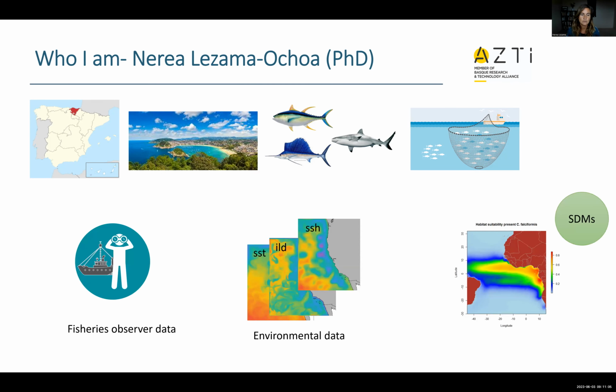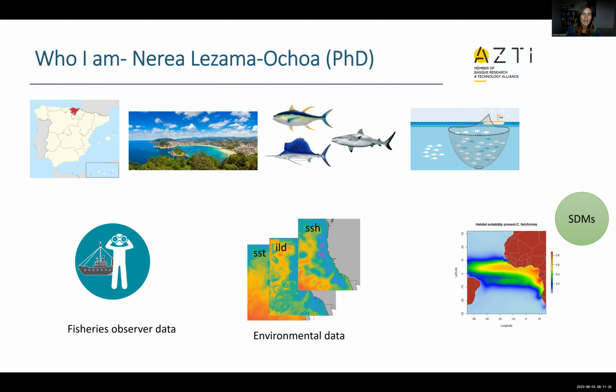To do that, I used fisheries observer data with environmental data to build different species distribution models, which I will call SDMs in this talk, to understand which are the main areas of importance for some of these bycatch species. This was the first time that I heard this term and I learned how to do it.